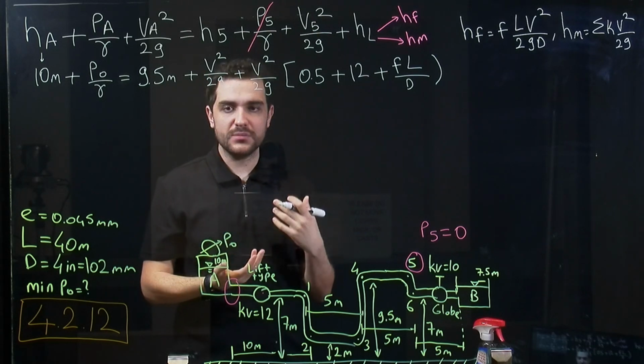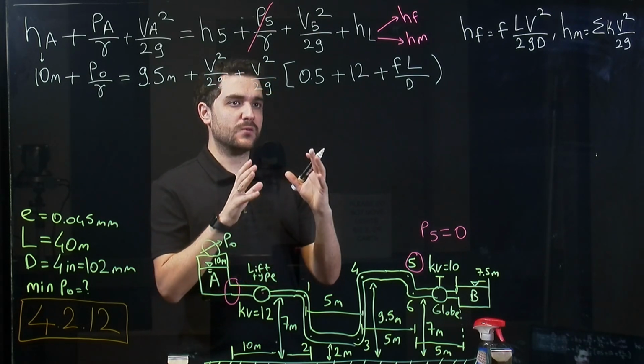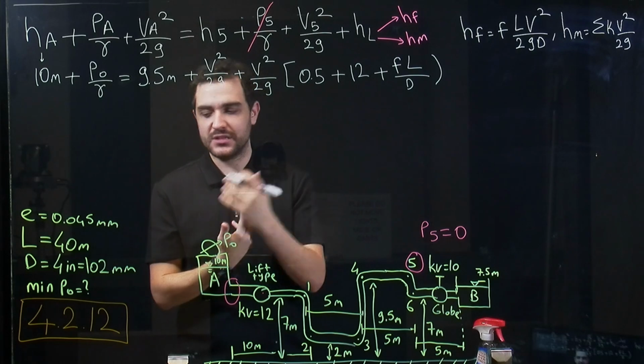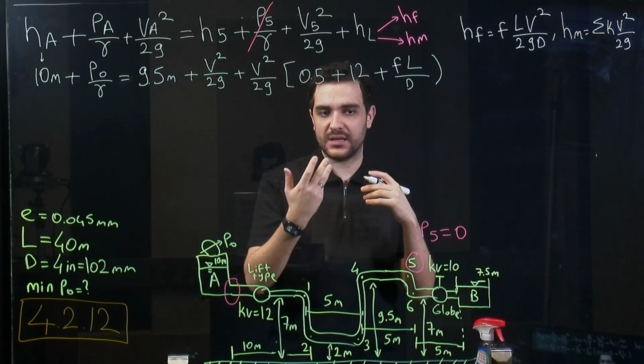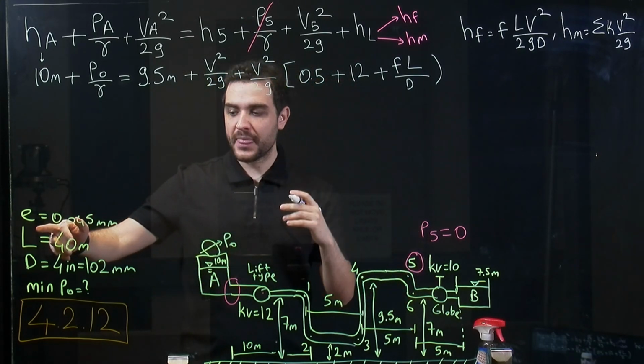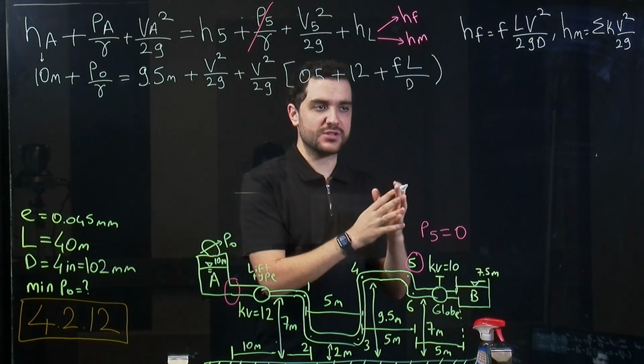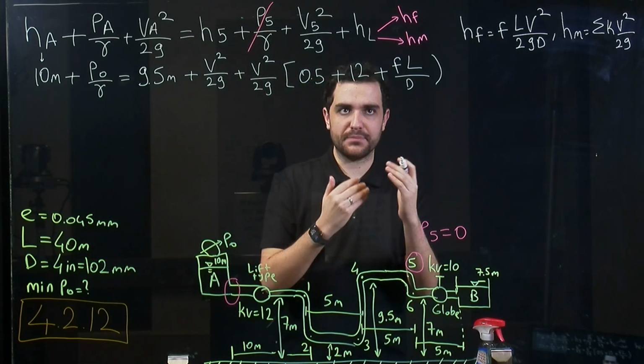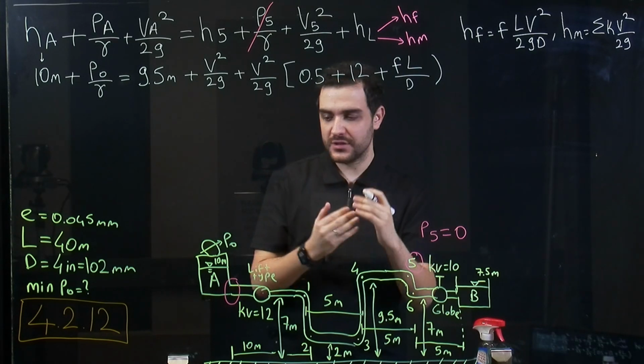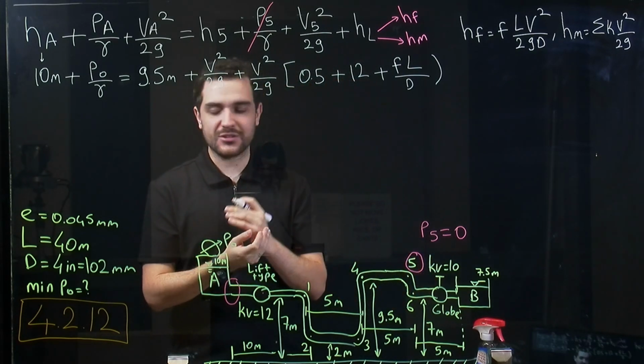So we can assume a friction factor, and with this friction factor we will get Reynolds numbers, we will get E over D, and finally we will get another velocity, so that we can compare each friction factor if we made the correct assumption.